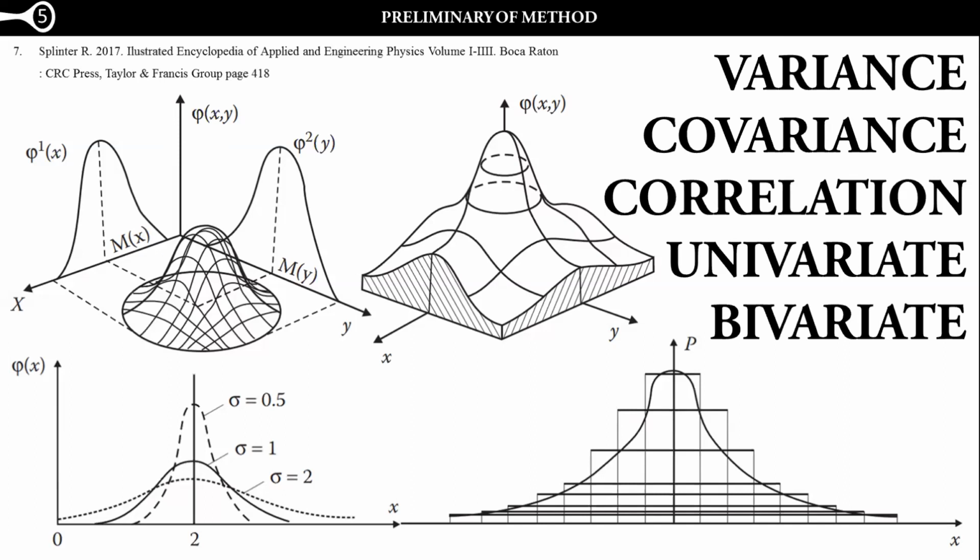Therefore, other quantities are needed to describe the distribution of the data. Variance is a quantity that indicates the magnitude of the spread of the data in the data group. In other words, if the x values tend to be close to the mean, their variance is small, and vice versa. If it's far from the mean, the variance is large.